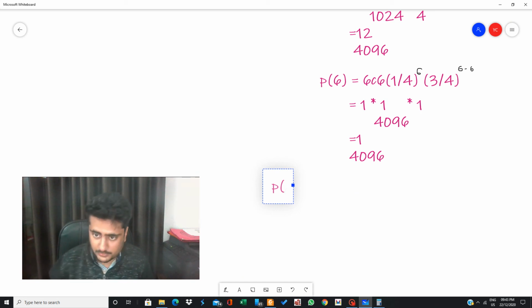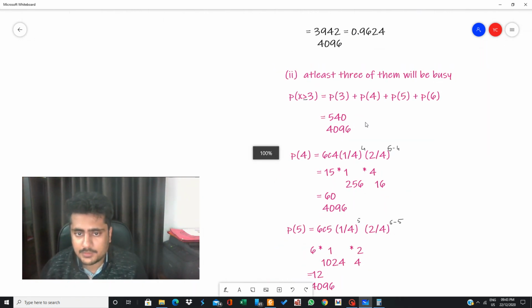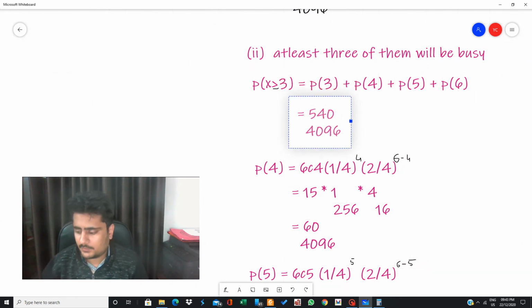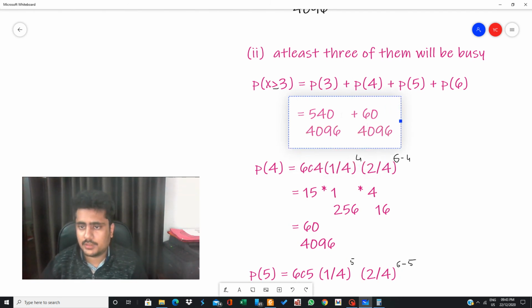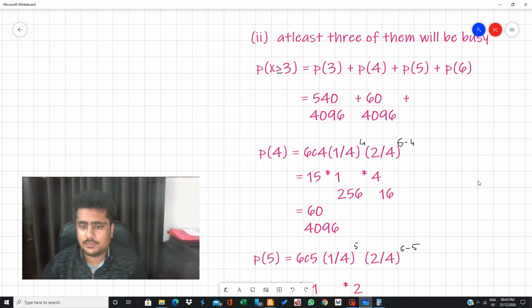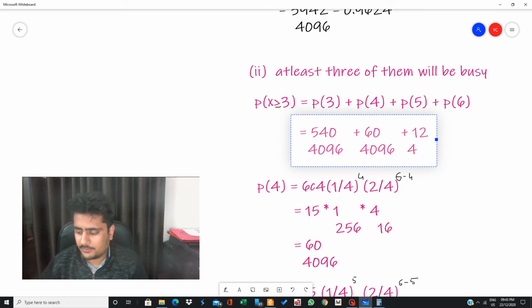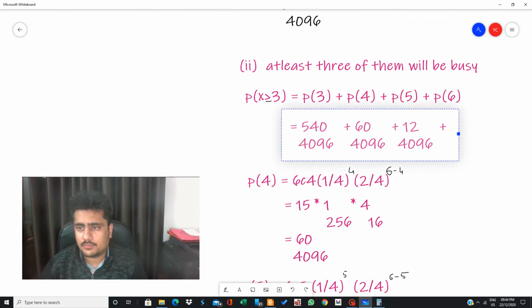So now I had written everything here. So this is 540 plus 60 by 4096 plus 12 by 4096 plus 1 divided by 4096.